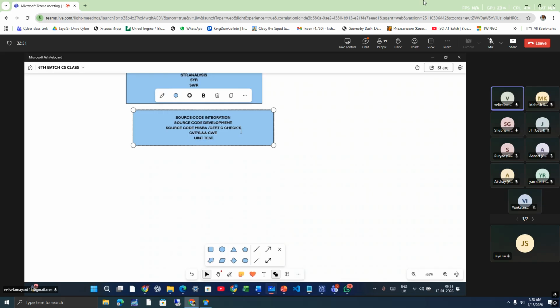Unit test case design as well. Designs and library integrations as well.